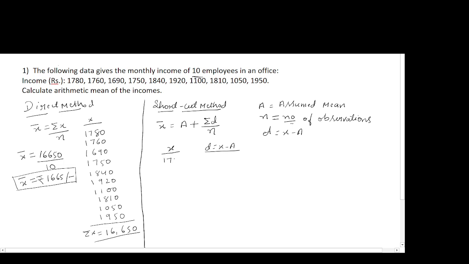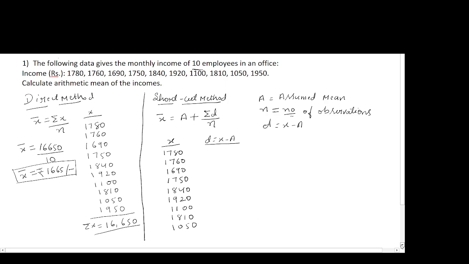Write down the values as it is: 1780, 1760, 1690, 1750, 1840, 1920, 1100, 1810, 1050, and 1950.